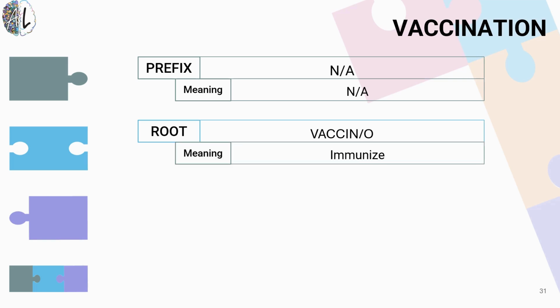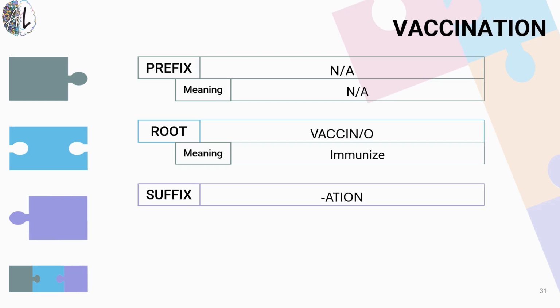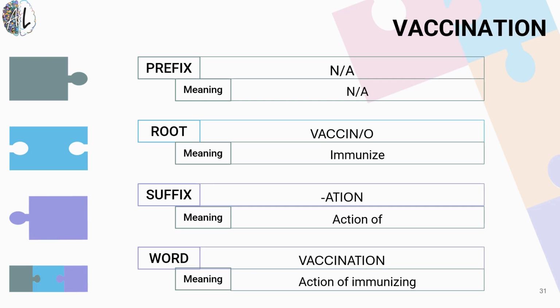Vaccino is a new root term for us here, and it means to immunize or to protect you. And the ATION or just the ION ending refers to an action of. So vaccination refers to the act of immunizing, right? If you look at the term immuno, it also could potentially mean protecting, right? So vaccinations help to protect you against disease.